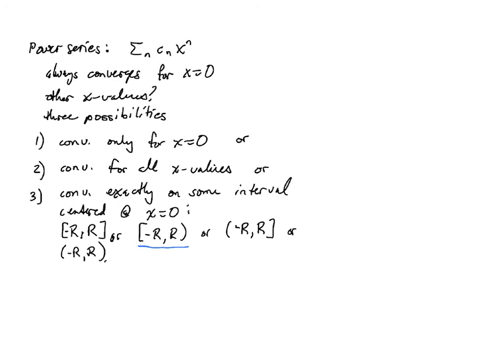The interval that occurs here is called the interval of convergence for the power series. And one finds it exactly the same way that we found the x values that make the series converge. That's exactly what the definition is saying. So we find this exactly like we found the interval in the previous example.